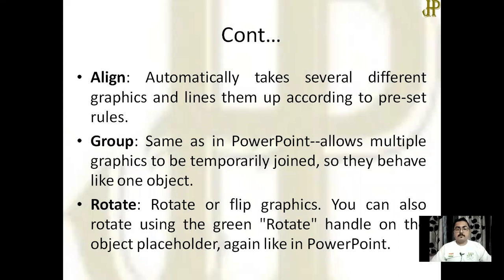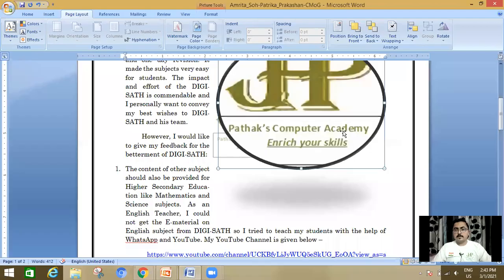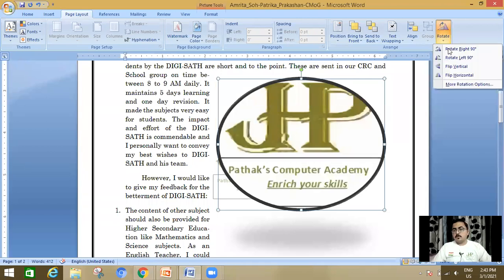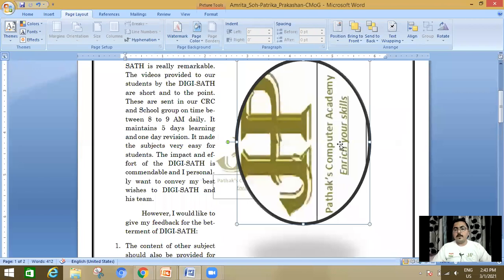You can align, you can group, you can rotate your graphics as well. I'm going to rotate it. Rotate to the left 90 degrees. Now my image is converted accordingly.